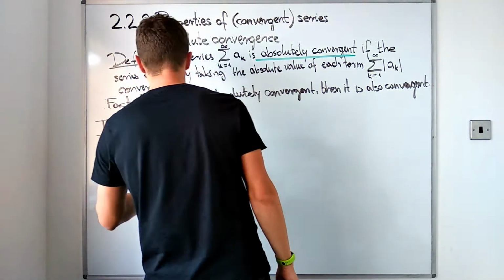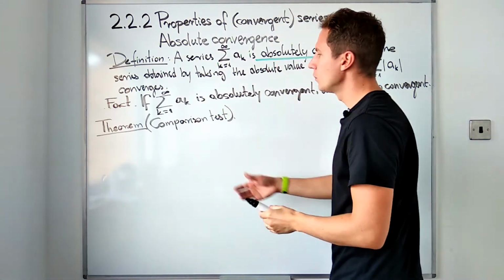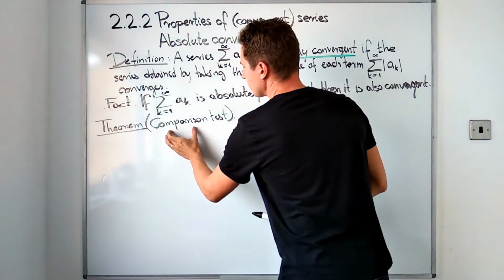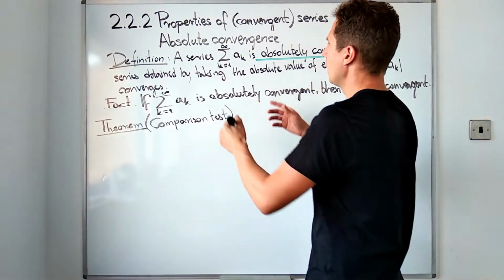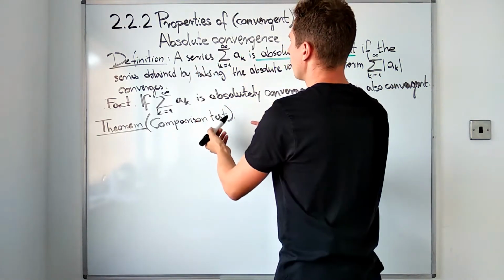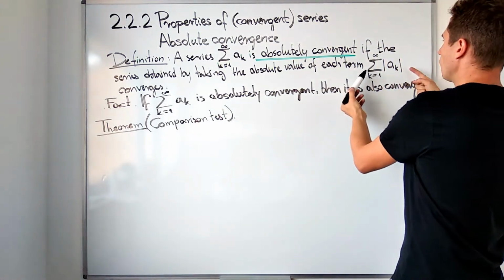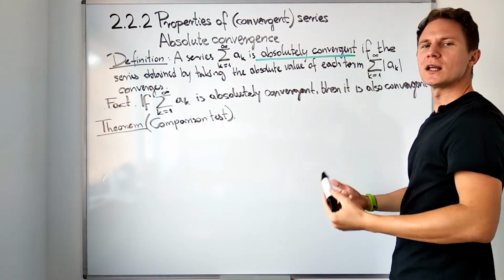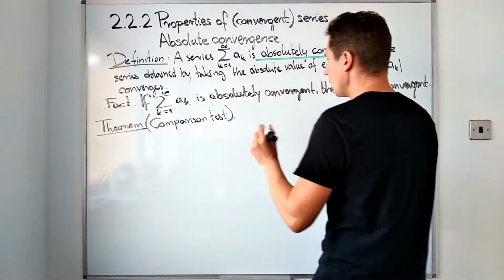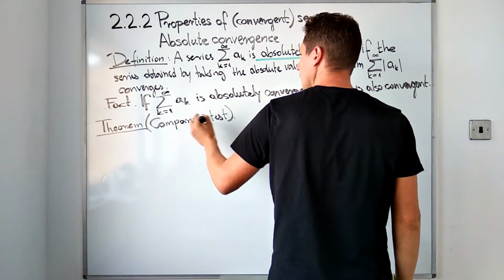It is based on the idea, as you could probably guess from the name, of comparing our original series, or rather the one that we obtain from it, to a series that we know something about. So let me state the theorem.